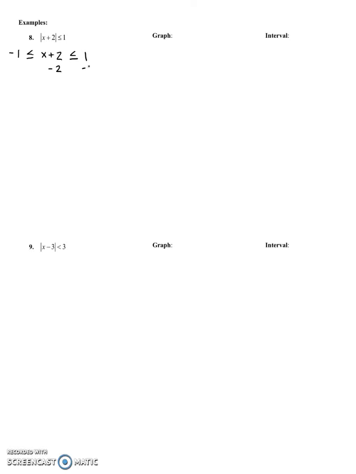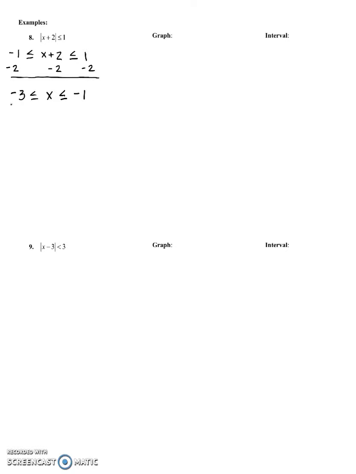That means I have to do it to the right side and the left side of the inequality. So -1 minus 2 gives me -3 ≤ x, because the 2 and the -2 cancel each other out, and x ≤ 1 minus 2, which is -1.